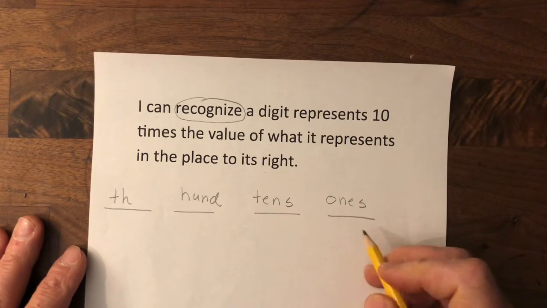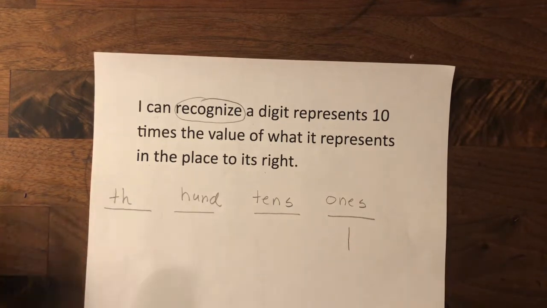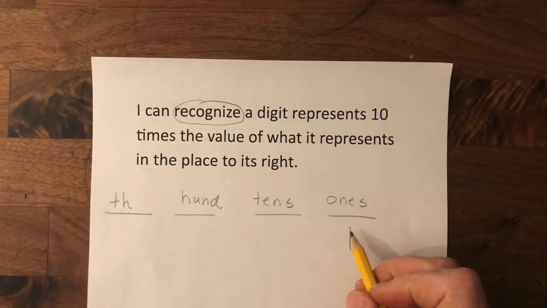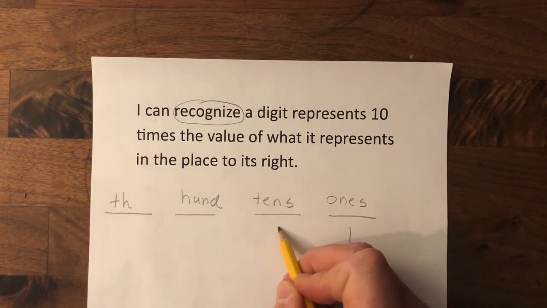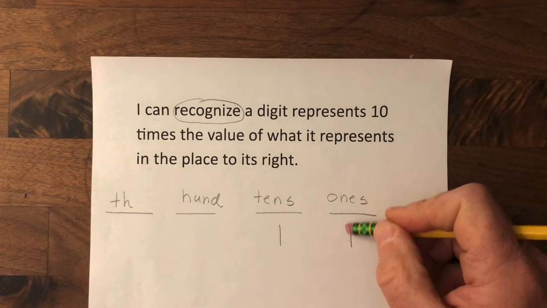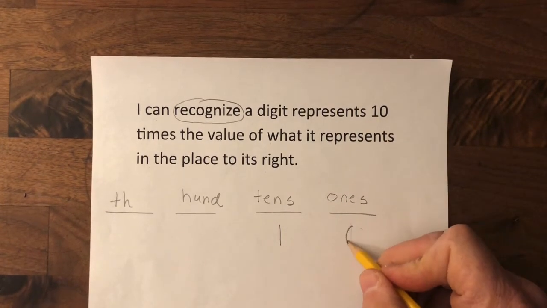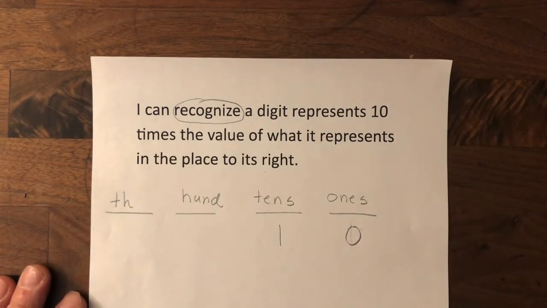If I put 1 in the ones place, that's worth 1, like $1, we'll say. If I want to do 10 times that amount, well, it turns into 1 over here, and we fill this place in with a 0 because it's 10 times that amount, okay?